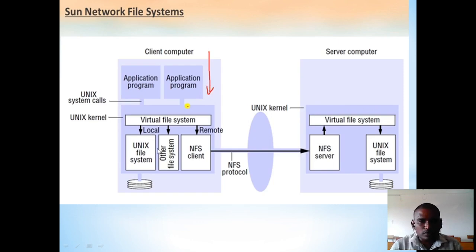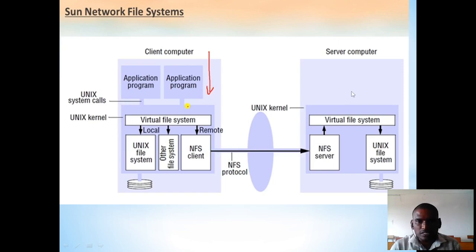If the file is local, it is accessed locally from the individual system. If it is not available locally, it goes to the network file system with the help of remote procedure call, using the NFS protocol, stateless and stateful.